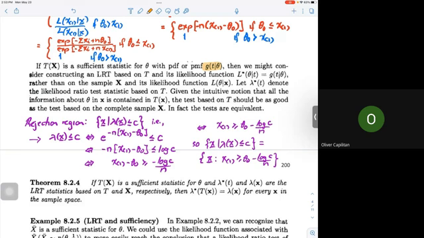We have another technique. Then we might consider constructing the likelihood ratio test based on the sufficient statistic, and its likelihood function, denoted by L star of theta given t, the estimate of our sufficient stat, rather than on our sample.